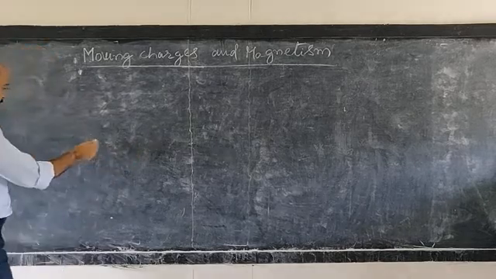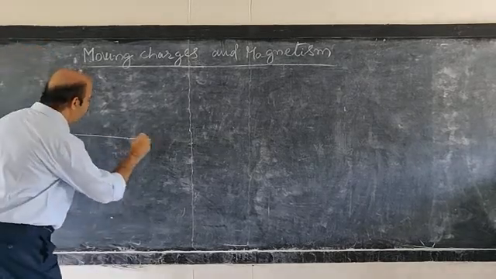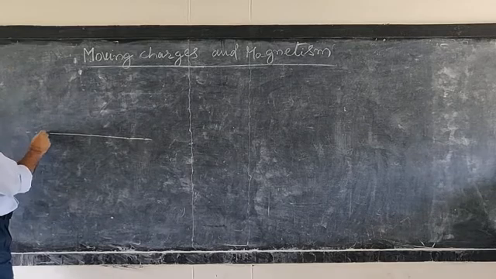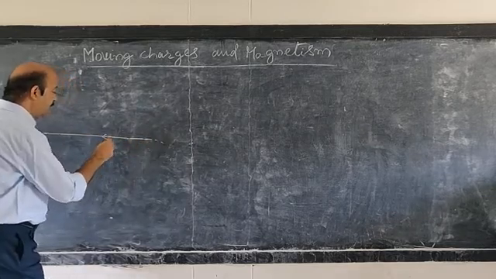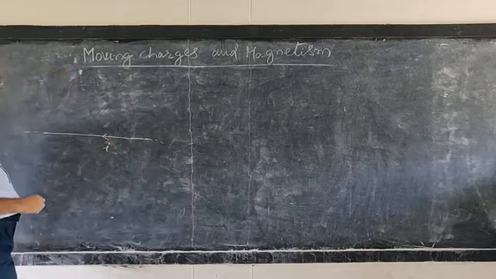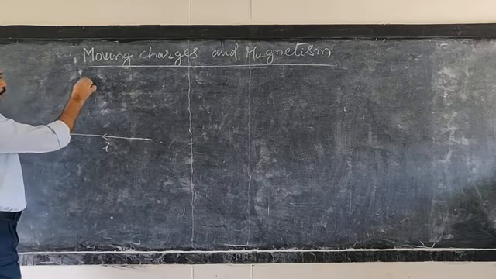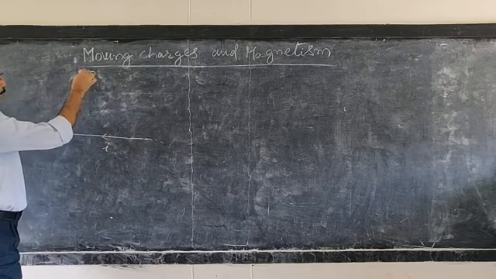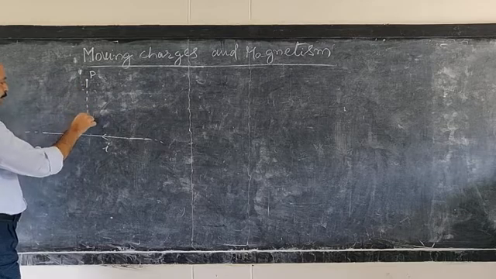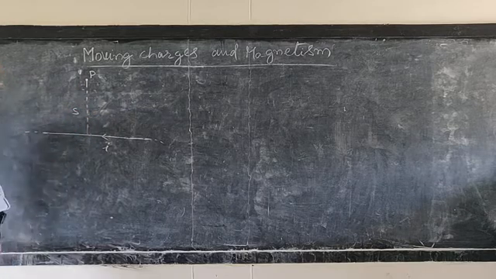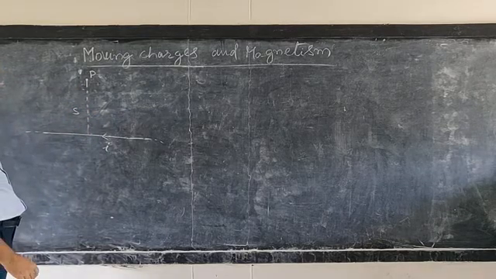So, that is like this. Consider a very long current carrying conductor carrying a current of, say, I. We want to find out the field at a point P, which is at a perpendicular distance of s from the current carrying conductor.